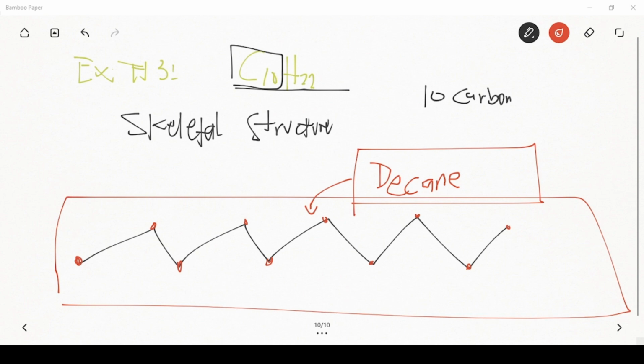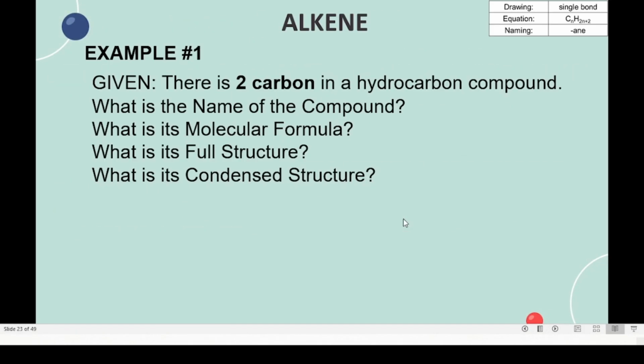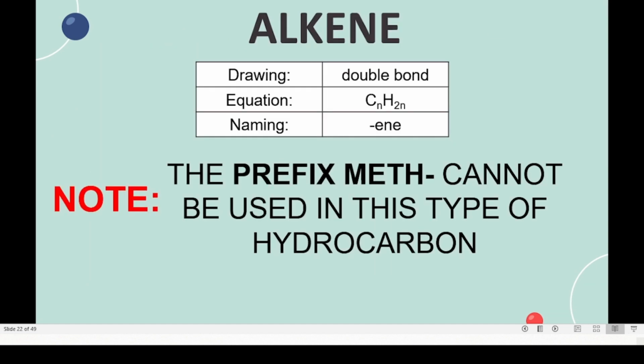Now let's proceed to the second type of aliphatic hydrocarbon, which is called alkene. Now, in alkene, in drawing, you must use a double bond, and it has a general formula of CnH2n. And in naming, you must use the suffix ene.